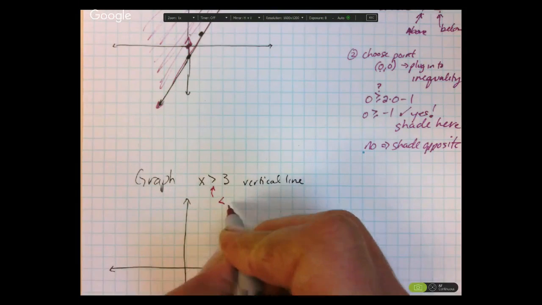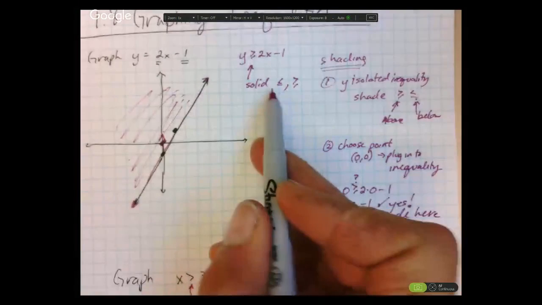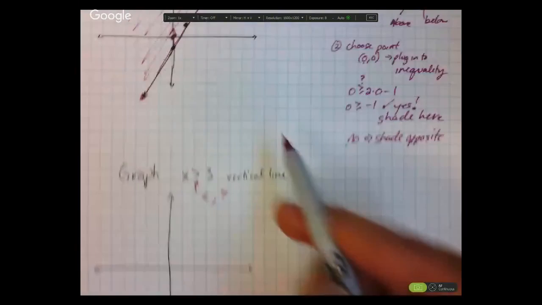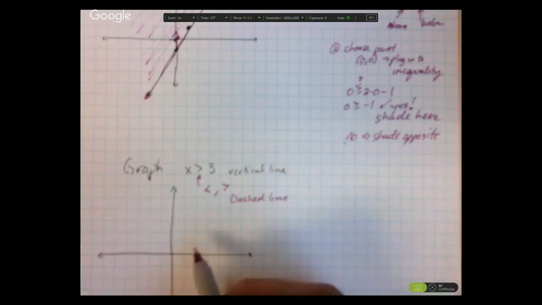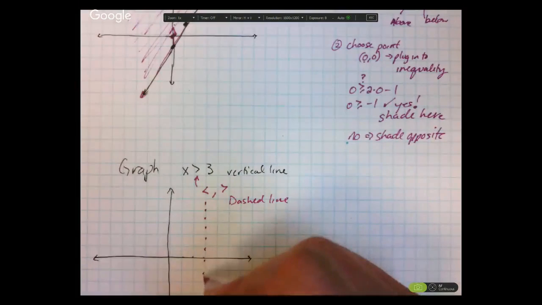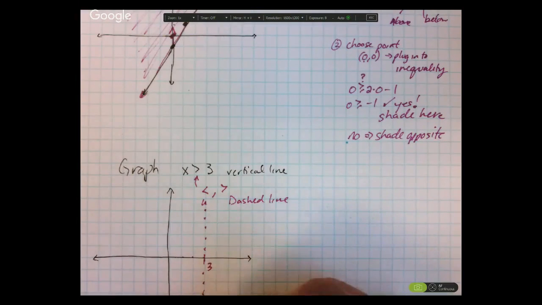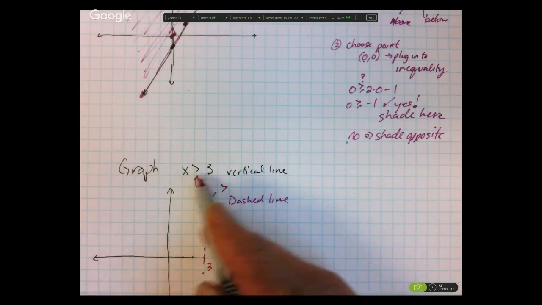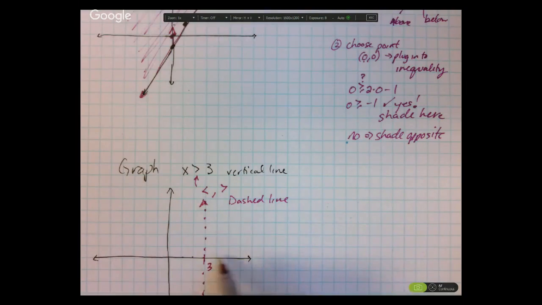This is less than or greater than, strict. Remember above here we had an equals. This means we're going to do a dashed line. So at 3, vertical dashed line, you can see that x is always equal to 3. That's what we're looking for. And we're going greater than, which is the positive direction.